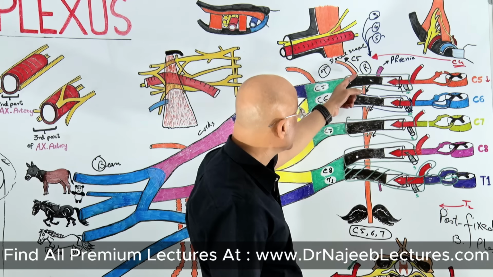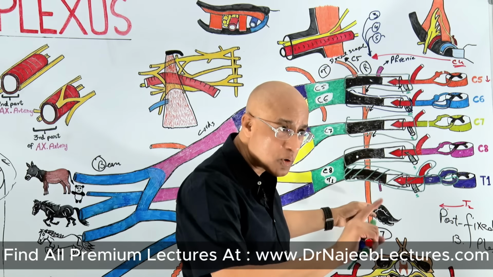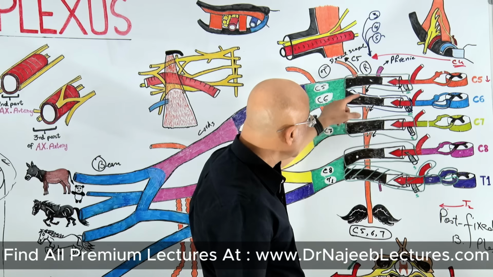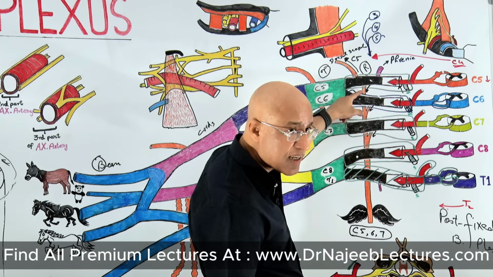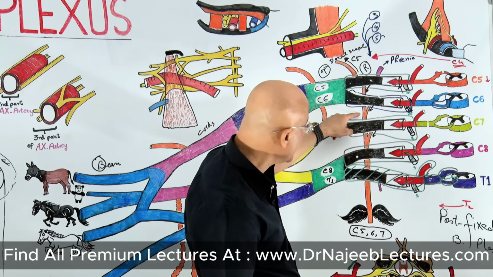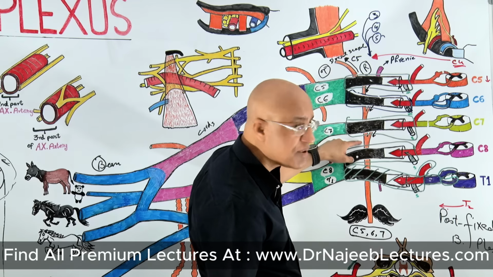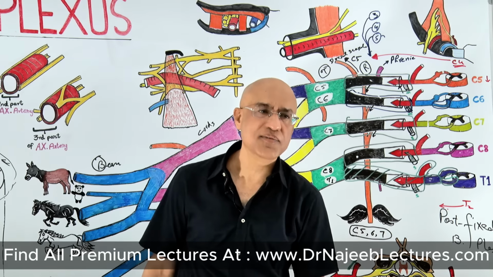Number two, it gives the dorsal scapular nerve, which other roots don't give. Number three, it gives a contribution to the long thoracic nerve, but C6 also gives a contribution here, and C7 also gives a contribution here, and this makes the long thoracic nerve.